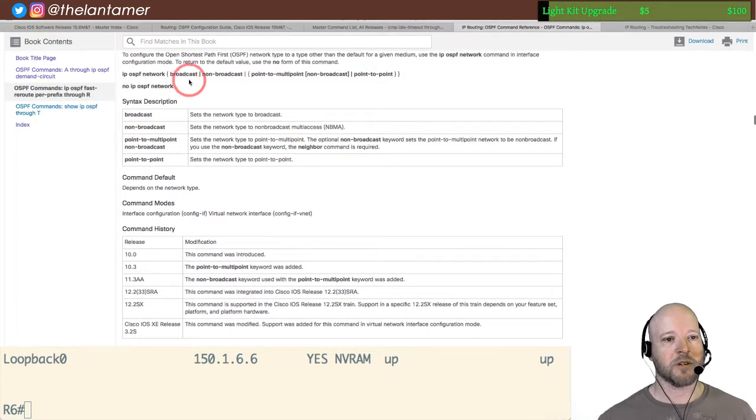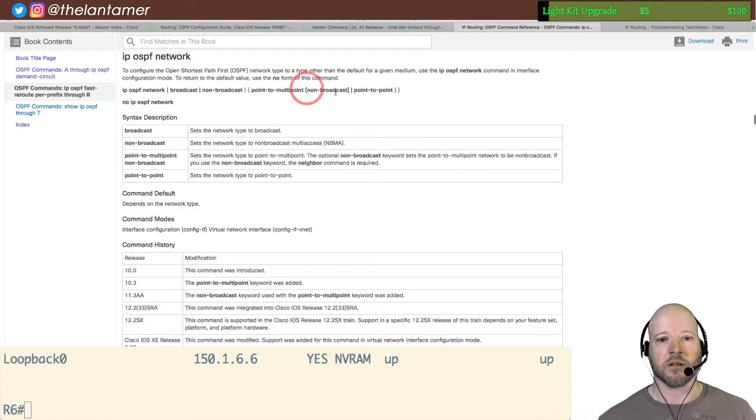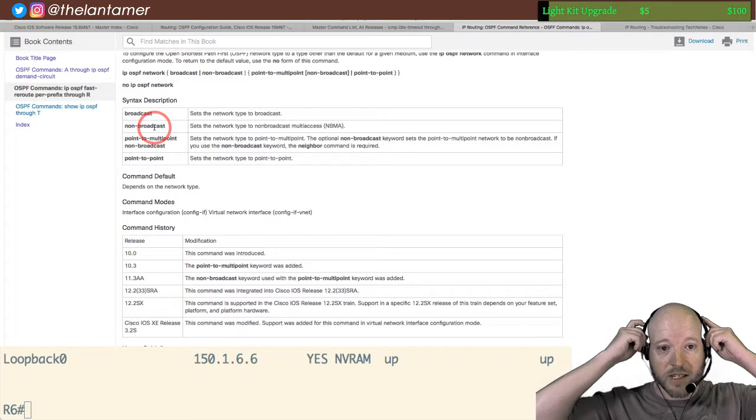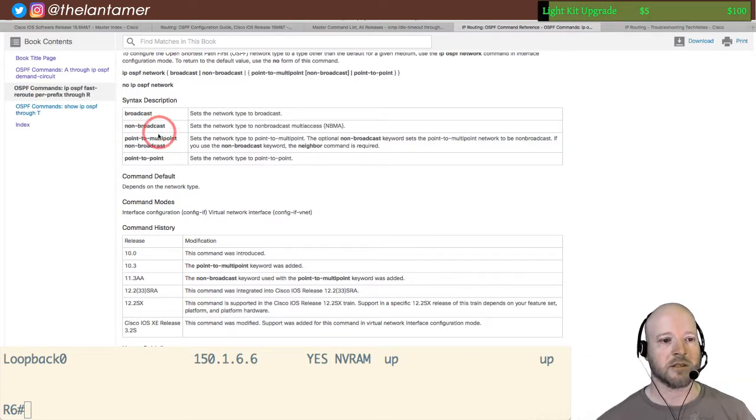And here's where we get into some of the options we have for the broadcast and non-broadcast, which we will be using coming up. I think particularly in the next one with DMVPN. But broadcast, set the network type to broadcast. Non-broadcast, set the network type to non-broadcast multi-access.